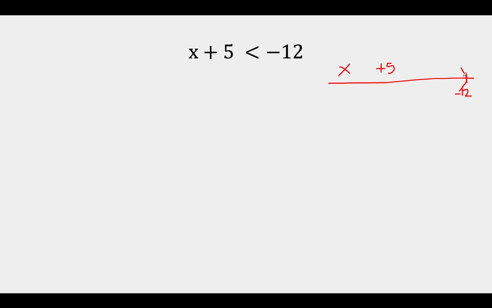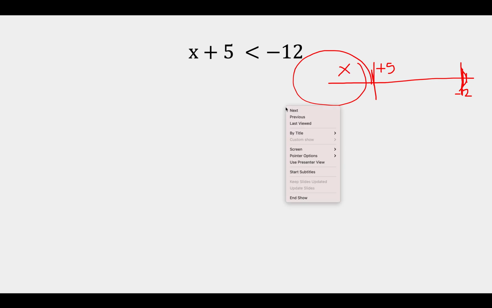It doesn't want us to equal negative 12, just anything that is less than negative 12. So if this is our plus 5 here, this whole range right here, what numbers can x be that will make this statement still true?